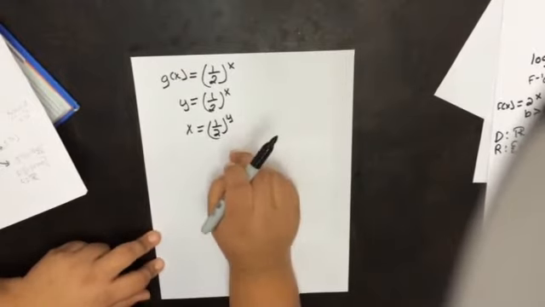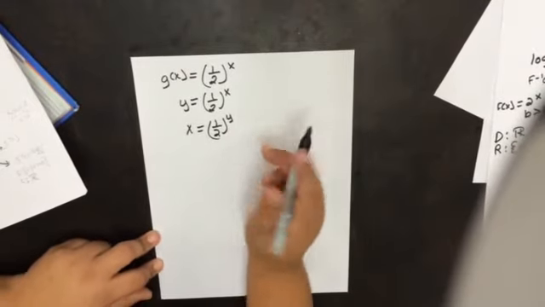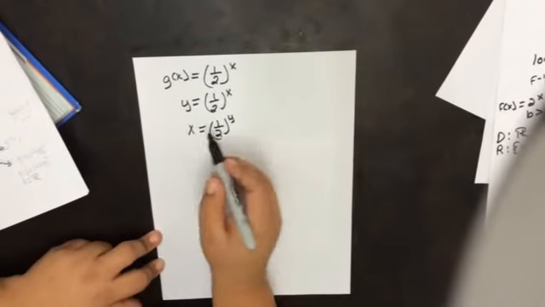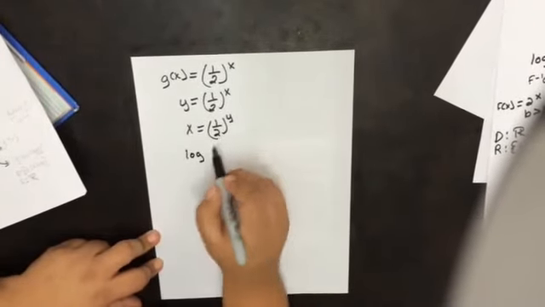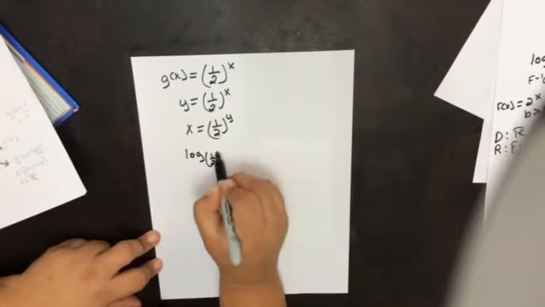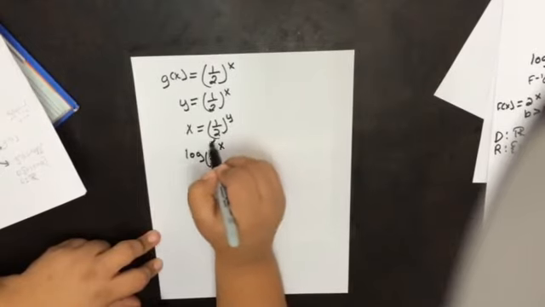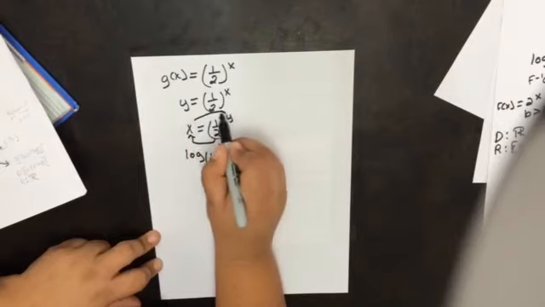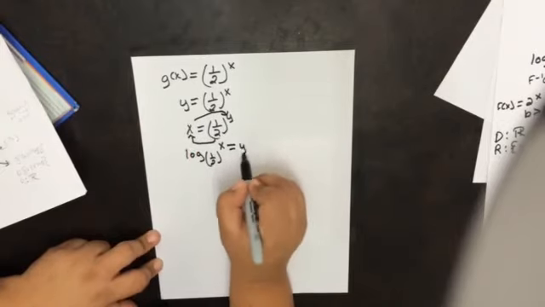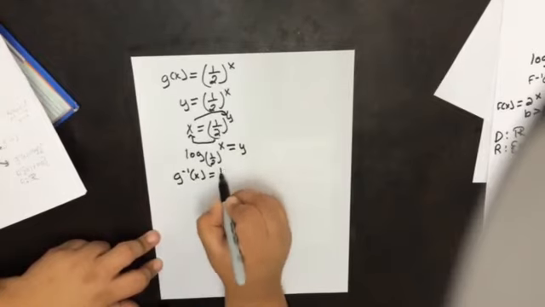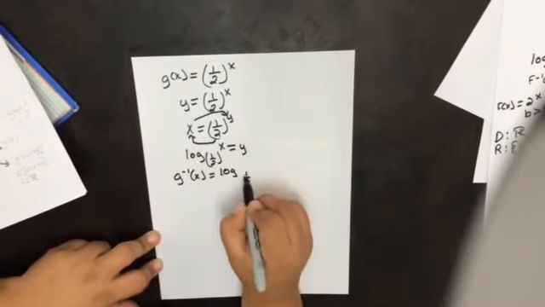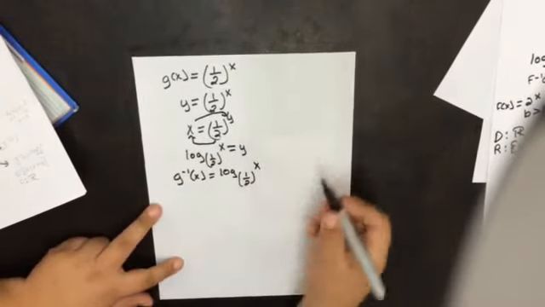Now we want to write this exponential equation in logarithm form. So it's going to be log base 1/2 of x equals y. So then g inverse equals log base 1/2 of x.